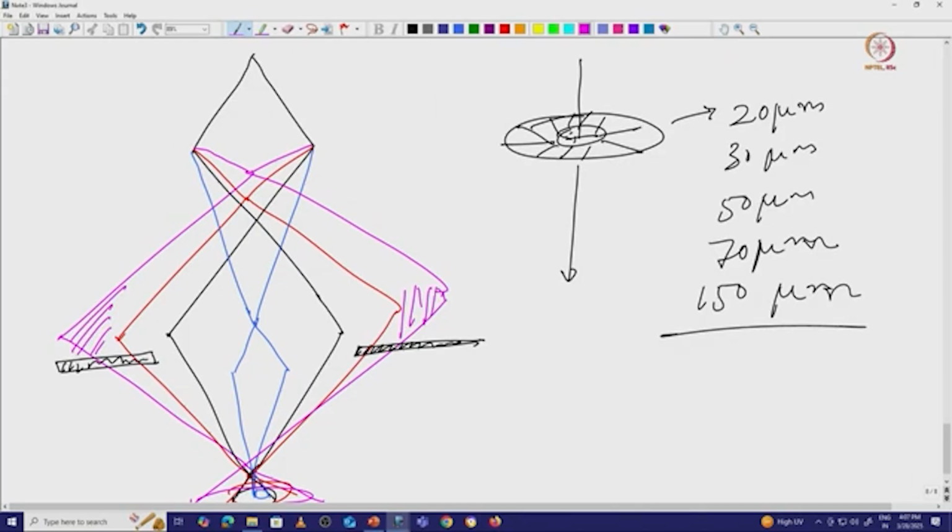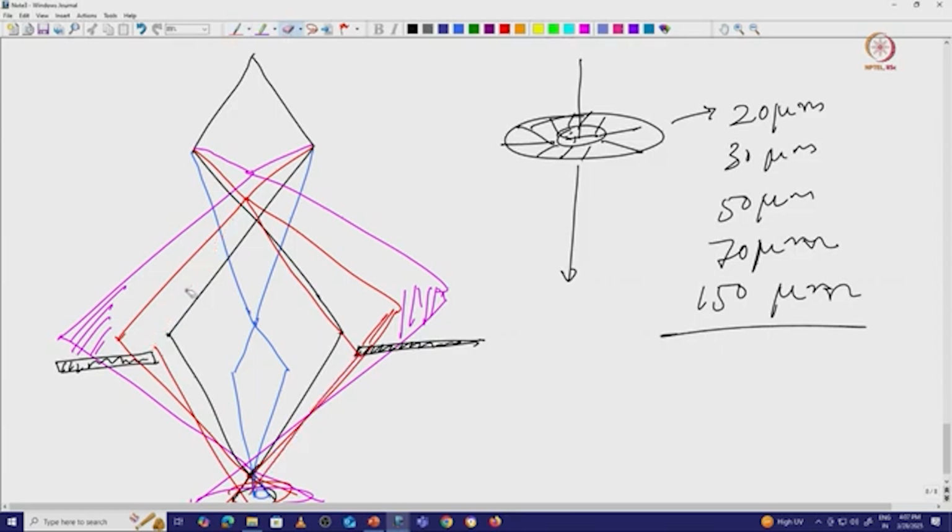Now some of the red rays are also blocked. In this particular case, consider the red: this is the ray coming, and this is the ray coming here, and then they merge and give us an image here.